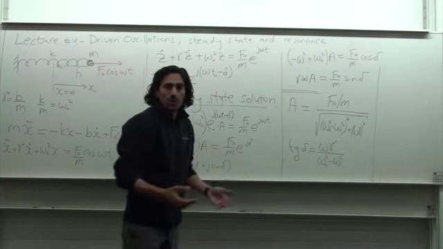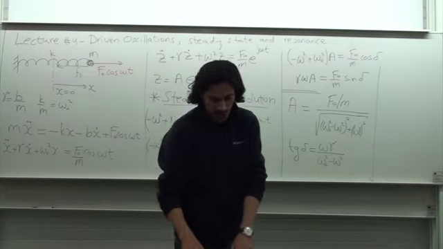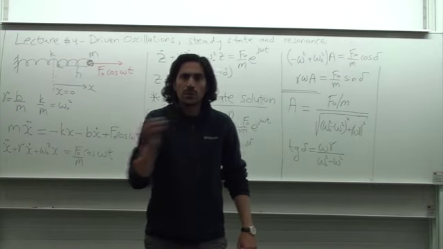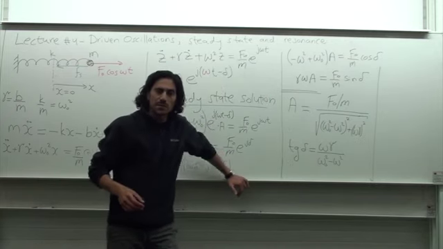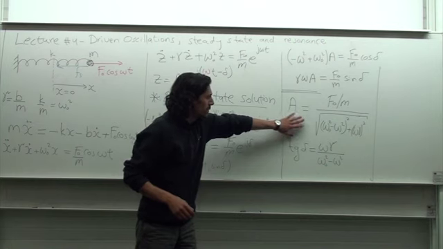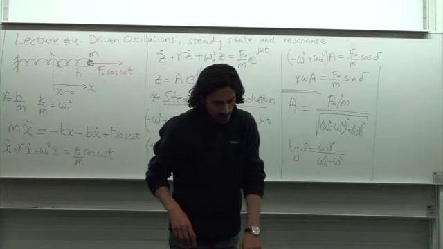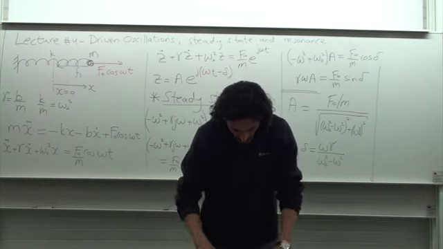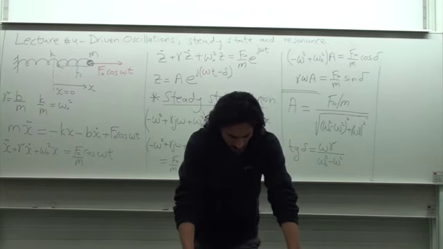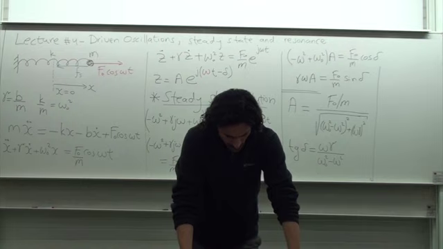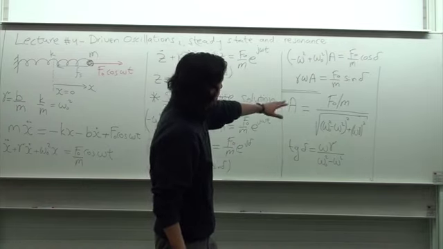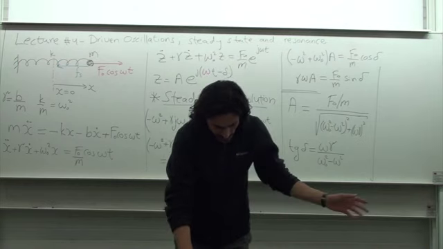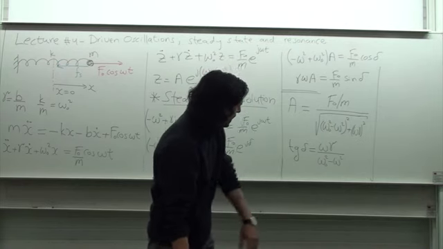But it's no longer a matter of an initial condition. Regardless to where you start, this is what you end up with, and the same with the phase. So the system has lost all of its memory. So A follows immediately from f0 omega and omega 0, and delta follows from gamma and omega 0.